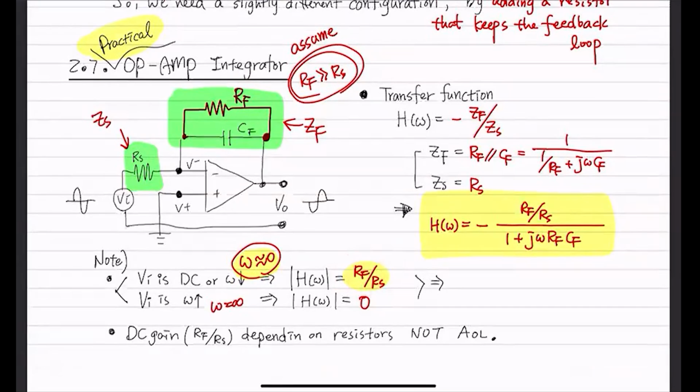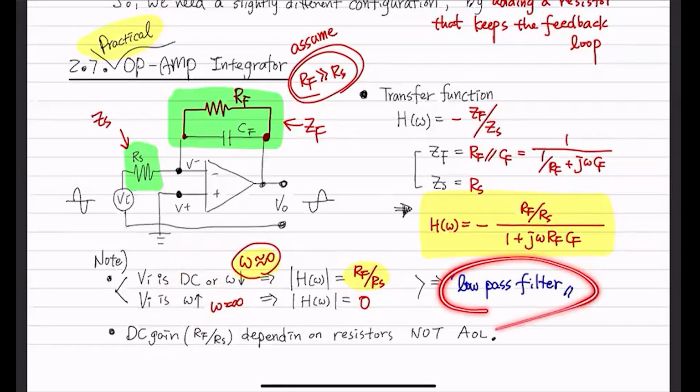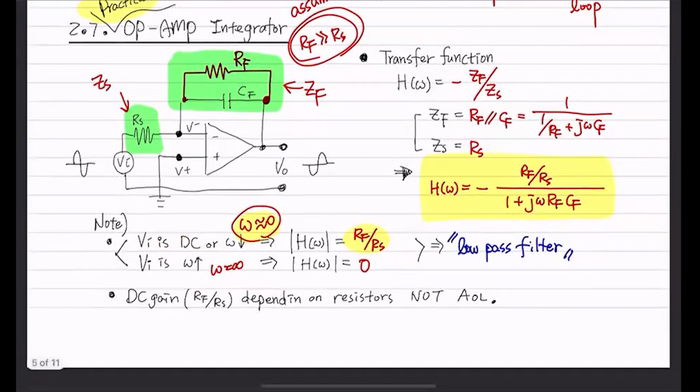And this is something similar to what we saw before. It's a low pass filter, right? In the low frequency, your output to input ratio has some value, but in the high frequency, that's going to be 0. That means everything is kind of blocked out, right? So it's a low pass filter.